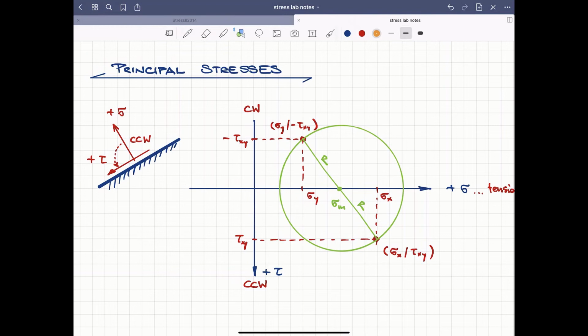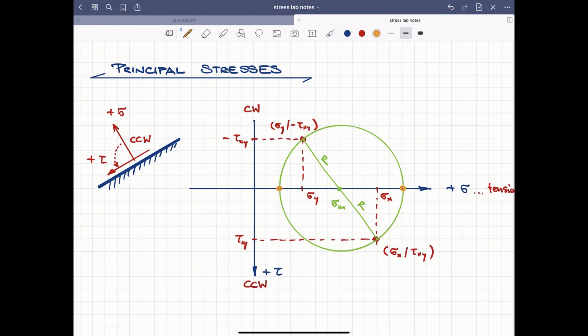And for this, we look at our Mohr circle, where the circle represents any possible result that the stress transformations could provide. If we start looking at that circle, we will see that there's a clear maximum and minimum along that circle, and these maximum and minima are actually located on the sigma axis.